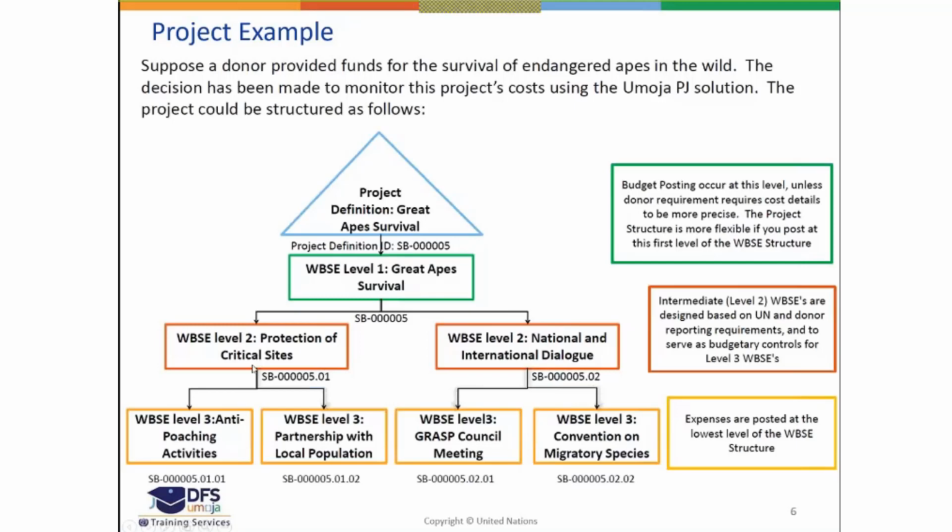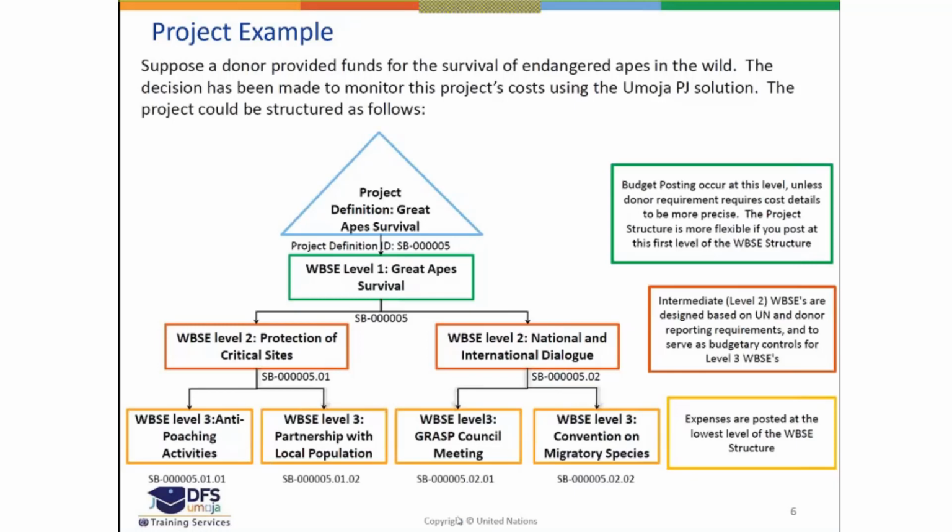This protection of critical sites is split into more concrete activities like anti-poaching activities, or partnership with local population. So this will be the first zone of this WBS element, and this will be the second zone of this WBS element. I think more or less it is clear, but as I mentioned, when we do it in the system, it's easy for you to identify.